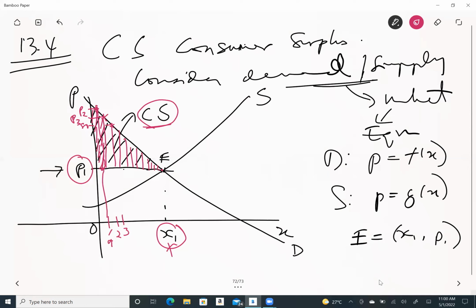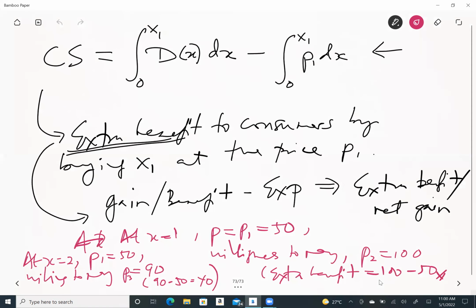So you add up all the things for each, and what I get will be the consumer surplus. That is the area under the demand curve, or the area between the demand curve and the market price, from 0 to X1.